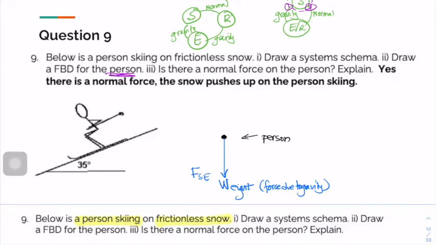Now, the normal force, we know we have a normal force. It is perpendicular to the surface, which means the normal force makes a right angle. So we need to think about what a right angle looks like. That is a right angle, so that is the direction that the force goes.